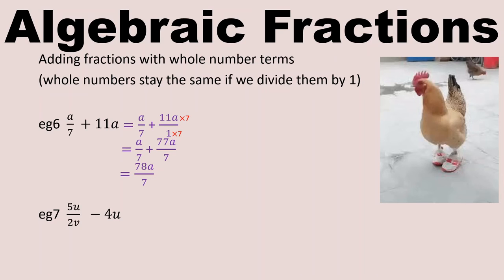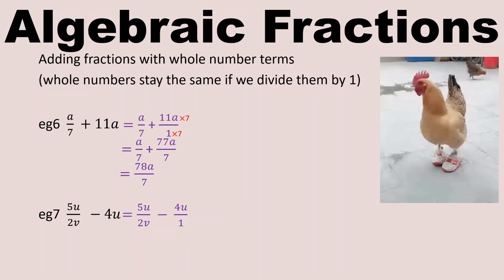Example 7, I've got an algebraic fraction subtracting an algebraic term, and the 4u is not a fraction, but we could make it a fraction. 4u divided by 1 still has that same value, so we can say 5u over 2v minus 4u over 1.